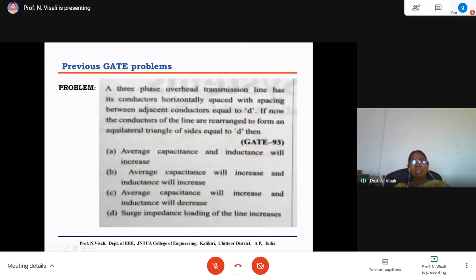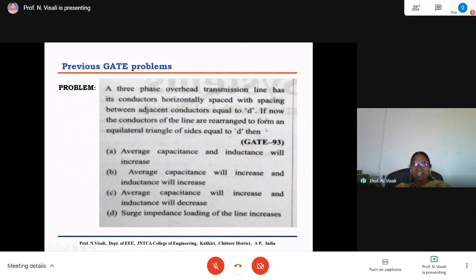Then another problem: a three-phase overhead transmission line has its conductors horizontally spaced with spacing between adjacent conductors equal to D. If now the conductors of the line are arranged to form an equilateral triangle of sides equal to D, then what will happen? So this is another problem. Now the conductors of the line are rearranged.